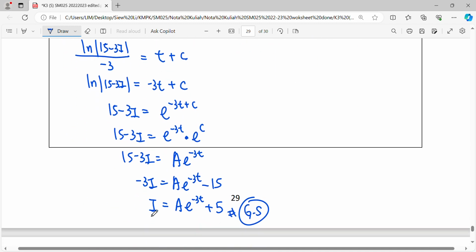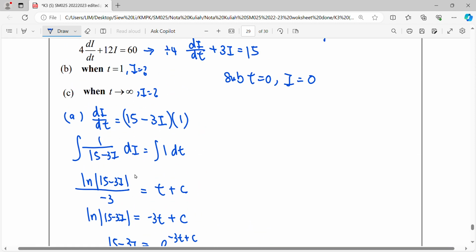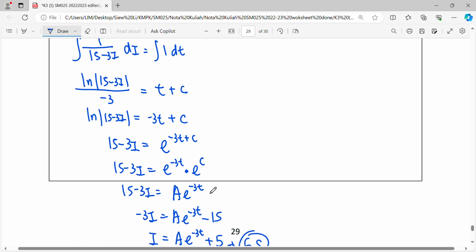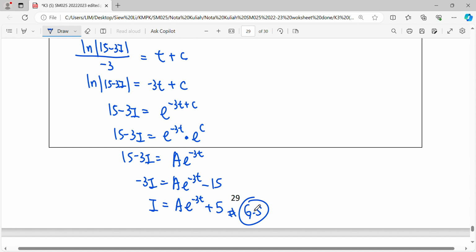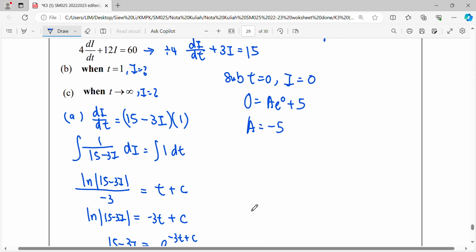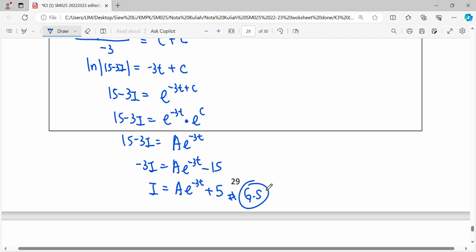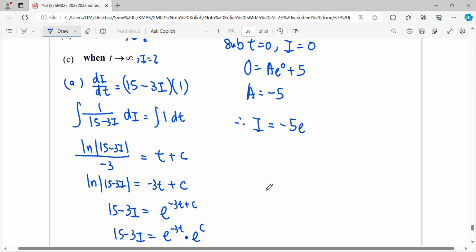So substitute 0, 0, A equals -5. Therefore, our particular solution is I equals -5 e^(-3t) plus 5.